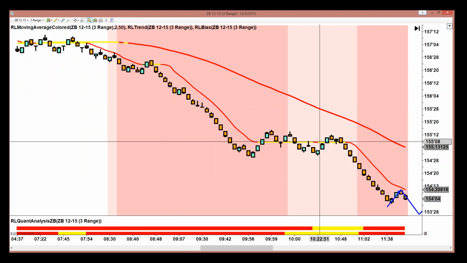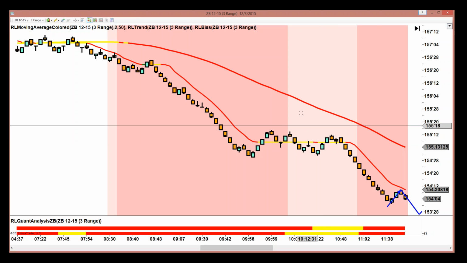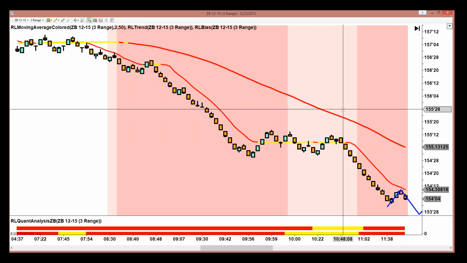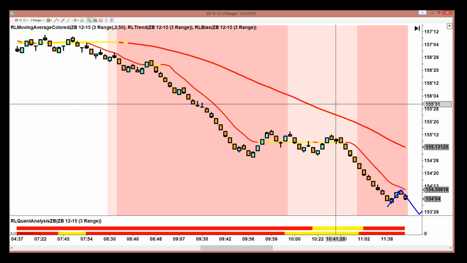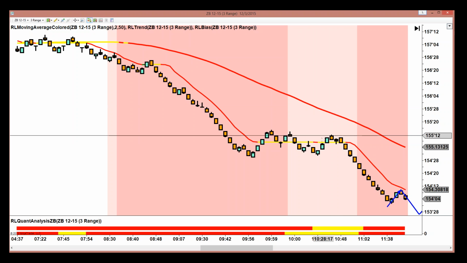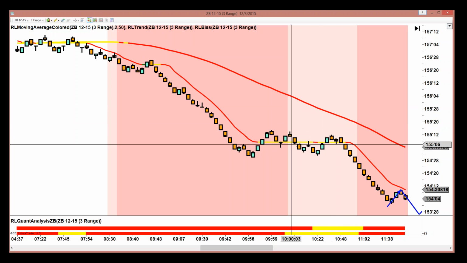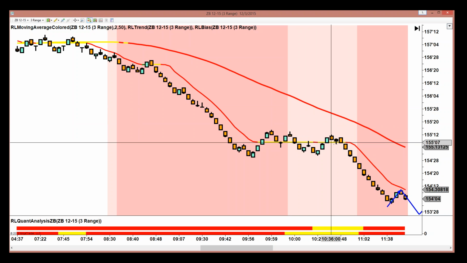What the light pink is telling you is that price is below all support. Once price breaks below support of the 50, the 15, and market profile, then clearly your bias has got to be to the downside. But this is the weakest color we have, because although you're in a clear-cut downtrend, the 15 can be flat.